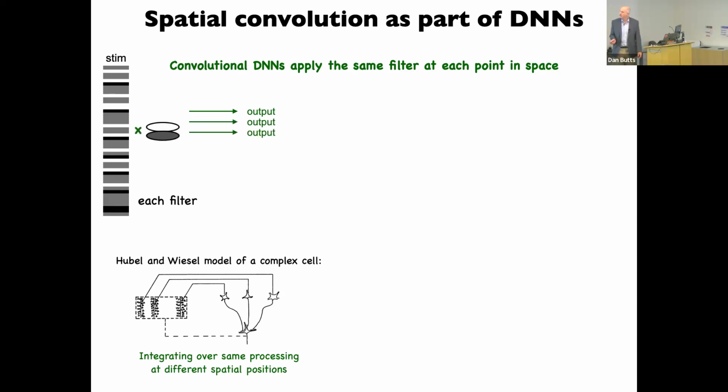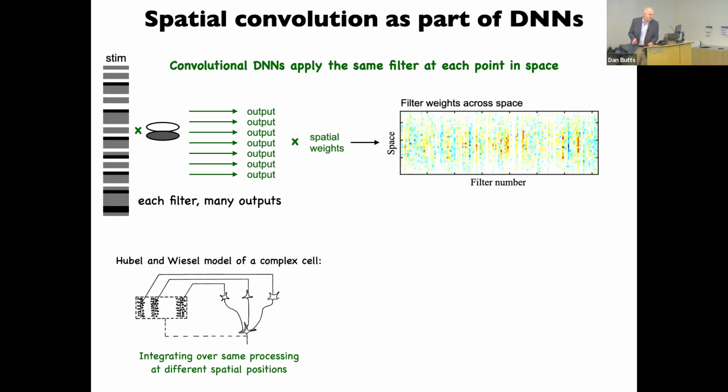A convolution is essentially reproducing the observation that the visual system has the same processing at each spatial position. You fit one filter, but that filter is applied across all space. It's thought that this is actually an on-the-ground model for a complex cell, where you just fit the same processing at different spatial positions. It gives you filter invariance.